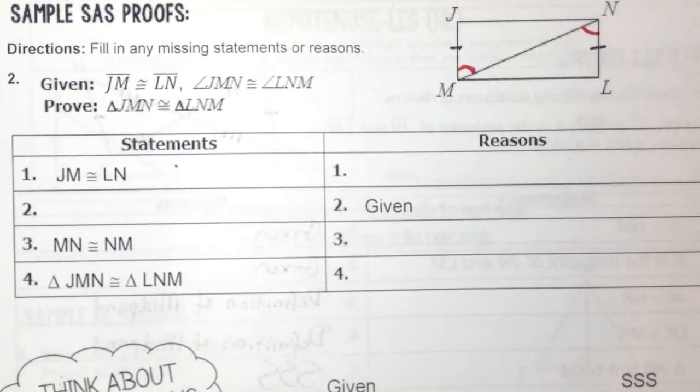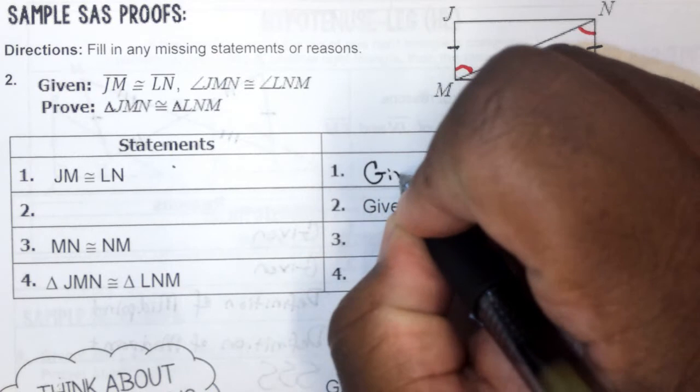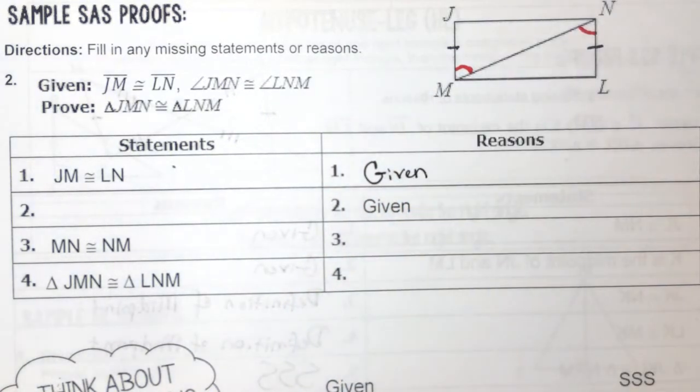In the proof, you got reasons missing and you got statements missing, but we can do this. Line 1 says JM is congruent to LN. That is given information. They told me that at the top. We already marked that on our figure, because they told it to us. Line 2 says given.